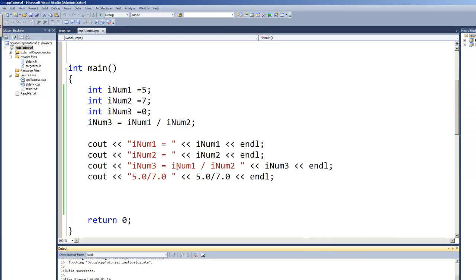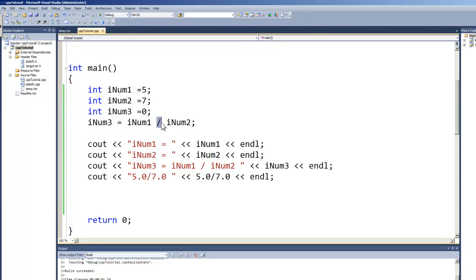Now, when we talked about the different math operators, I mentioned another math operator called the mod or modulus, and we use that as a percent sign. So now I'm going to do iNum1, which is 5, mod or modulus 7.